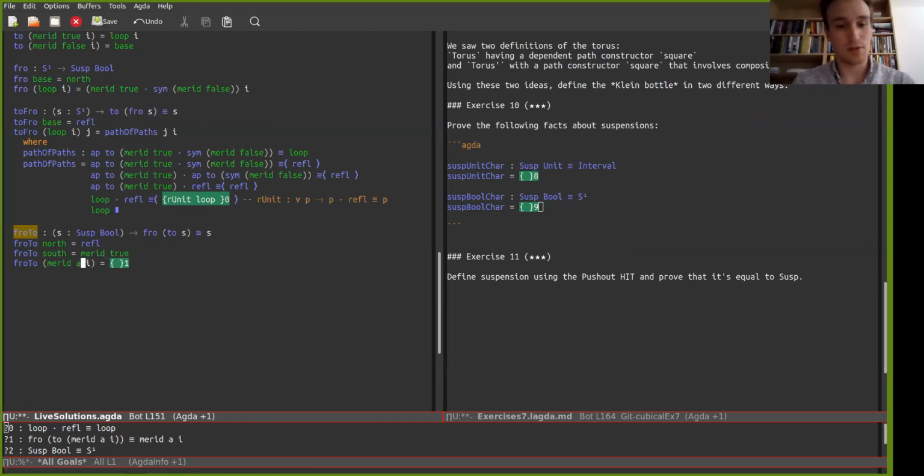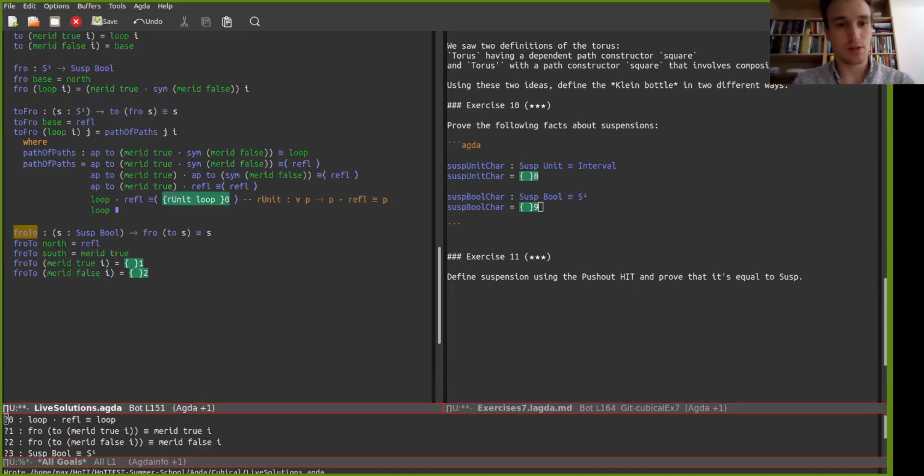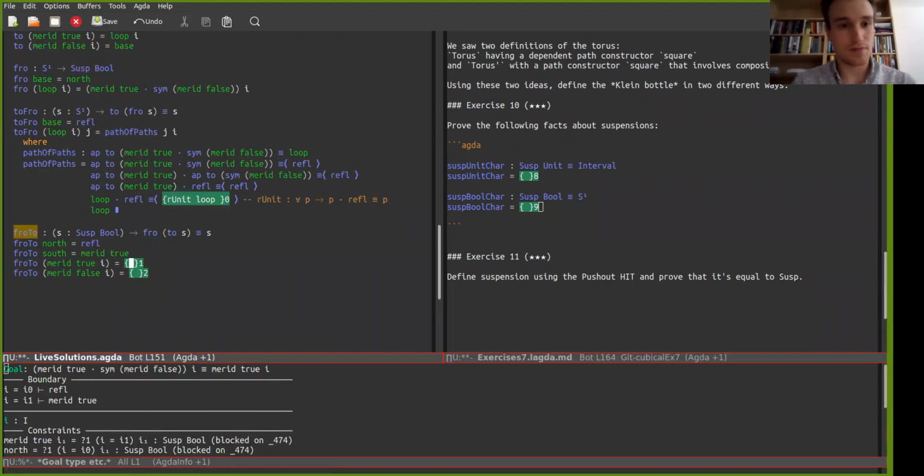No, sorry. Pattern match over A. This is the hard direction. This is the hard part. This is a bit easier. Or is it? Did I do something wrong here?